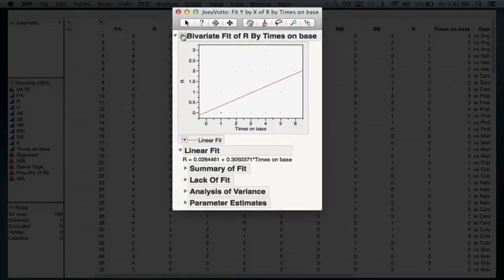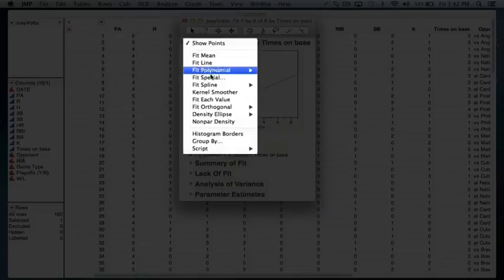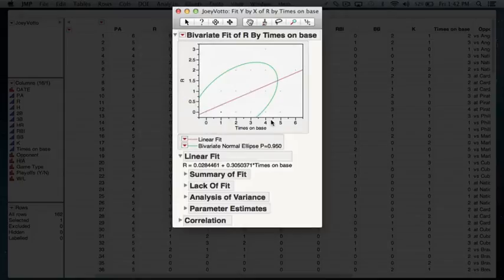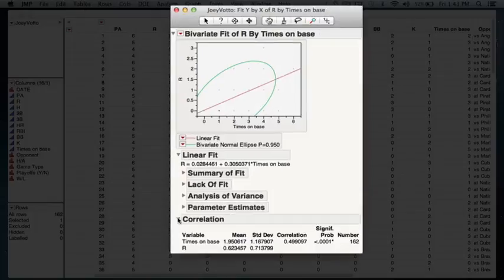But because we want to get the actual correlation number, we're going to go down to the density ellipse here and select 95, which will put a density ellipse around what the JMP program sees as 95% of the data points. And then we're going to select correlation down here.